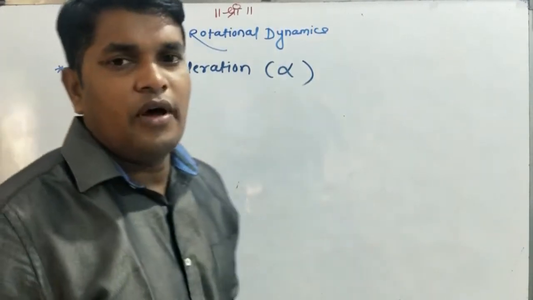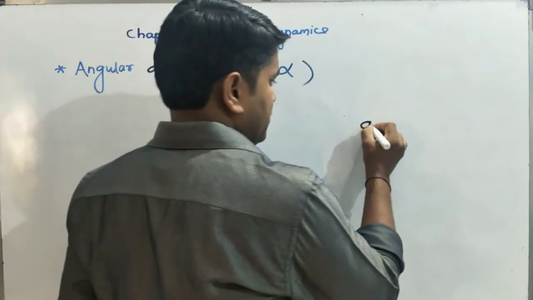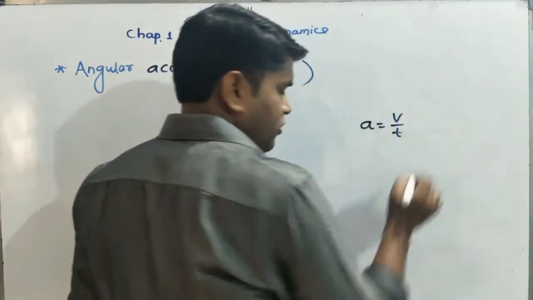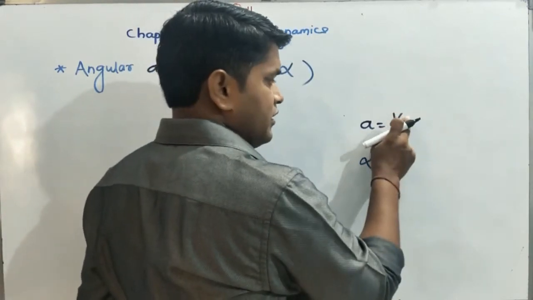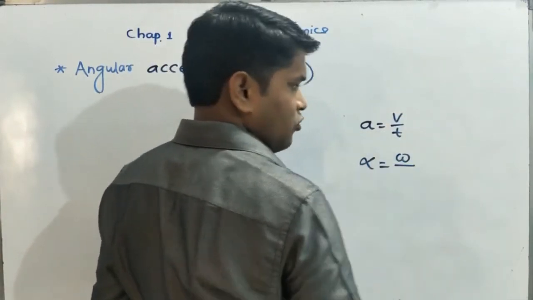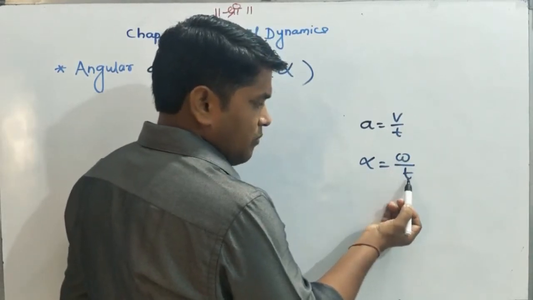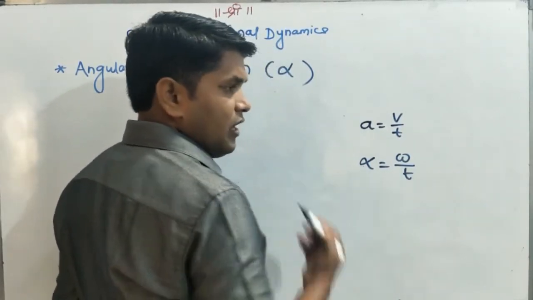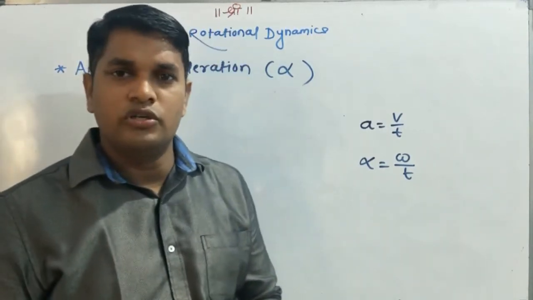The next concept is angular acceleration. We know that linear acceleration a is equal to velocity upon time. So for angular acceleration alpha, the linear velocity is replaced by angular velocity, with time as it is. The angular velocity upon time is called the angular acceleration, or the rate of change of angular velocity with time.